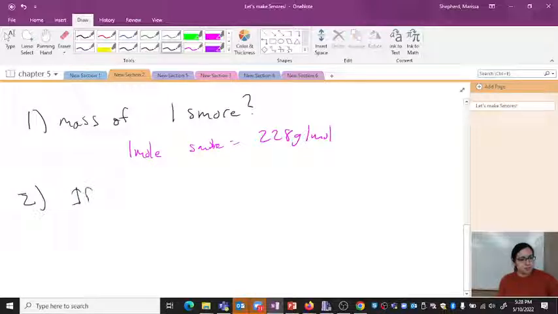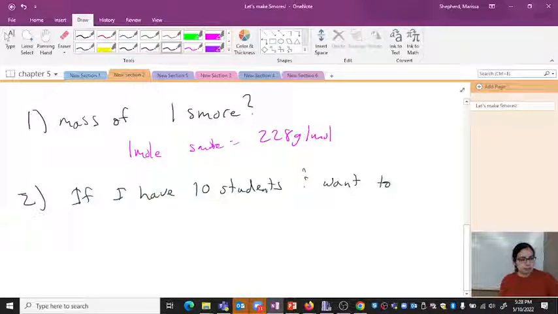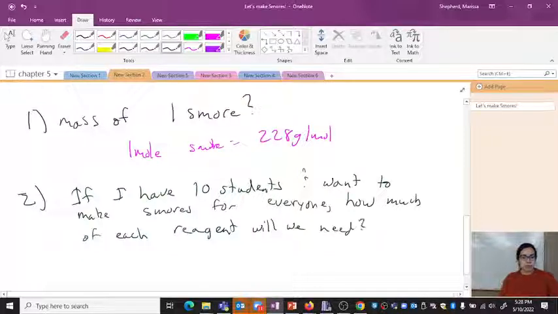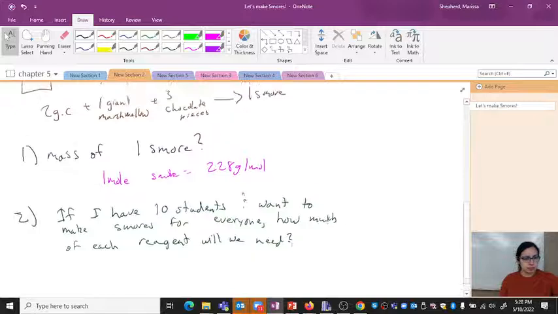So if I have 10 students and want to make s'mores for everybody, how much of each reagent, or I guess ingredient, will we need? So I'll give everyone a minute or so to think about that.